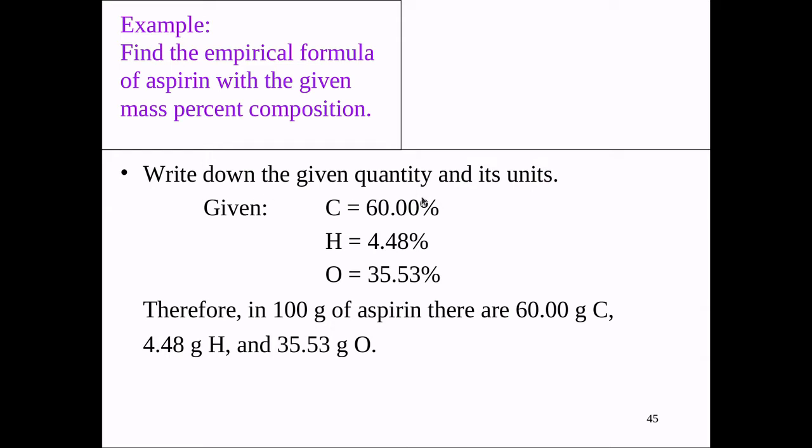So we start by writing down what we're given. And we make the assumption, which we learned in the video about mass percentage, that if we have 100 grams, then out of that 100 grams, 60 grams of it would be carbon, 4.48 grams of it would be hydrogen, and 35.53 grams of it would be oxygen.